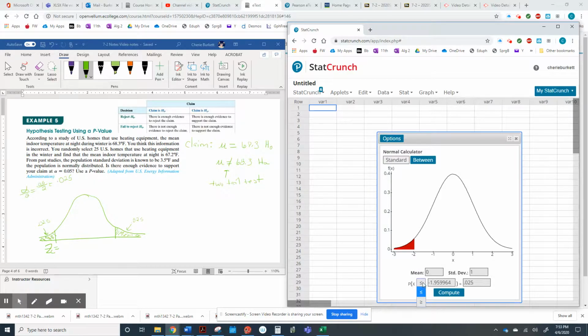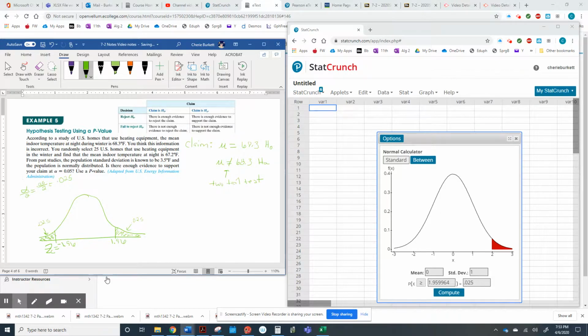Or if you want to do the other side, you have to do 0.025 over there. And it's a positive 1.96. So this z is negative 1.96, and this z is positive 1.96. Okay, that's our critical values.